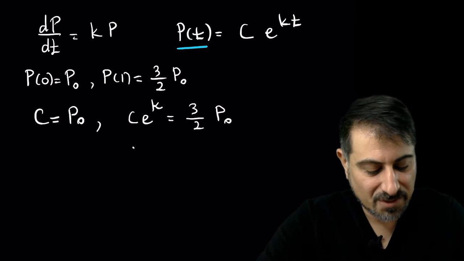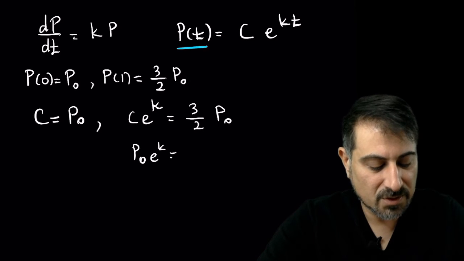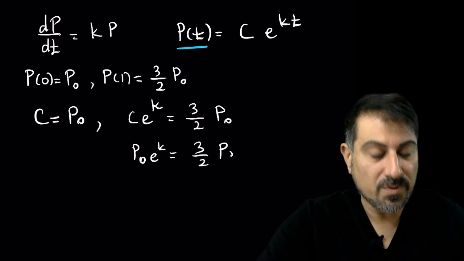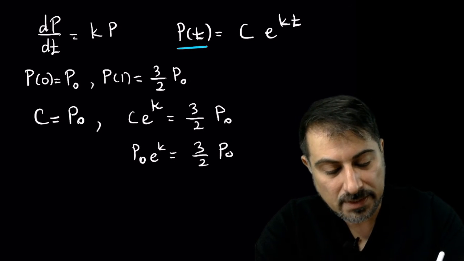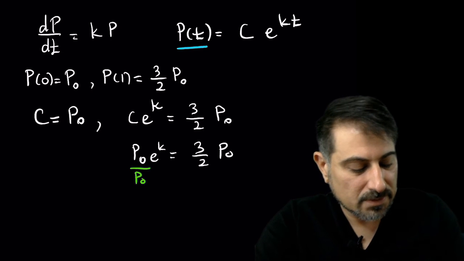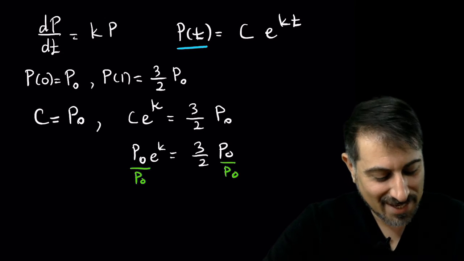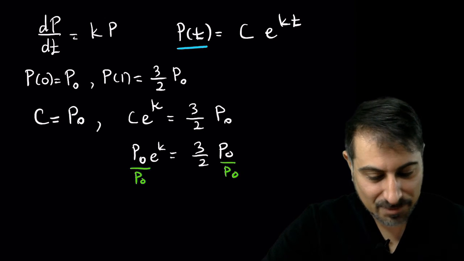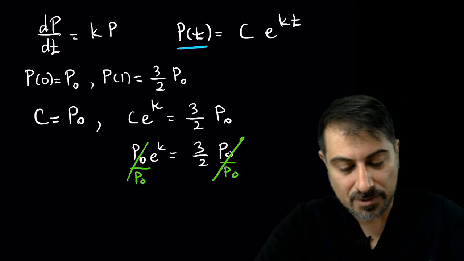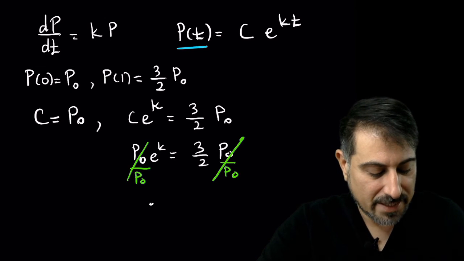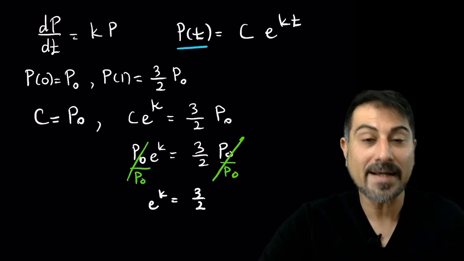Since c equals p sub 0, we can divide both sides by p sub 0, assuming we have a non-zero population in the beginning. So e to the k is 3/2.